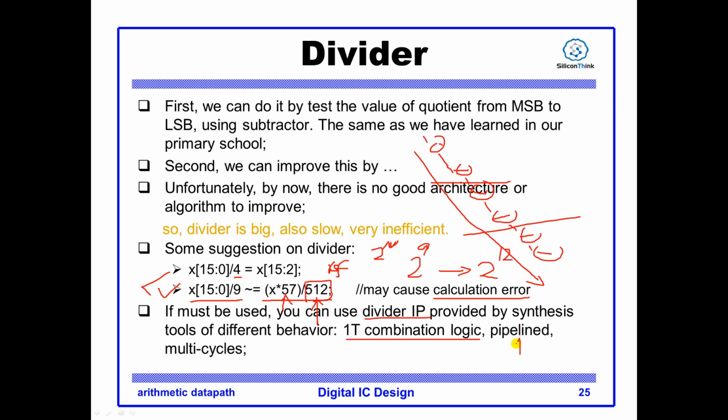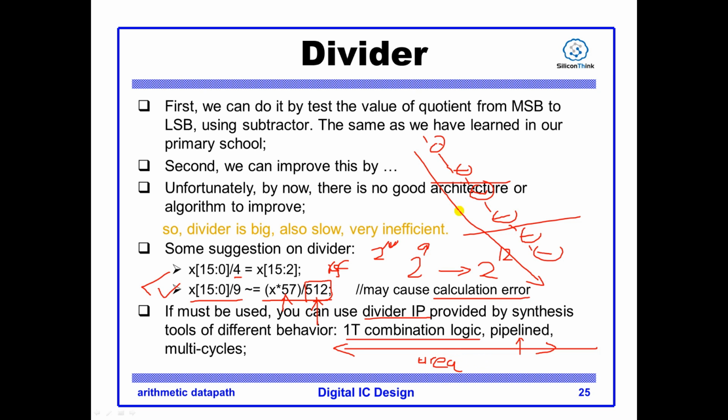The insertion of pipe register is done automatically by the Synthesis tool, or by the IP itself. This implementation is very expensive in area. The area is very big. You can imagine.